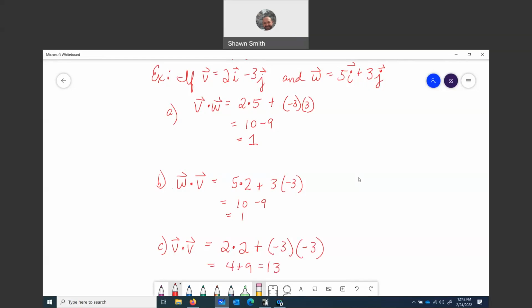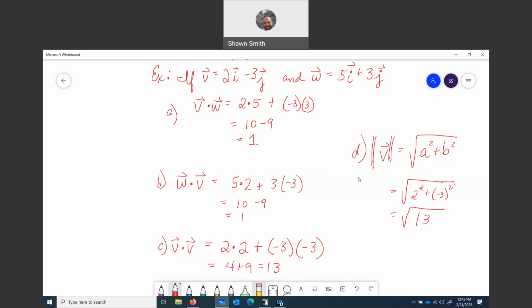Let's calculate the magnitude. Remember, magnitude symbol is that of v. So this isn't new. This is just still the square root of the a component squared plus the b component squared. So a squared, that's 2 squared, plus b, negative 3 squared. That is the square root of 4 plus 9, which is 13.